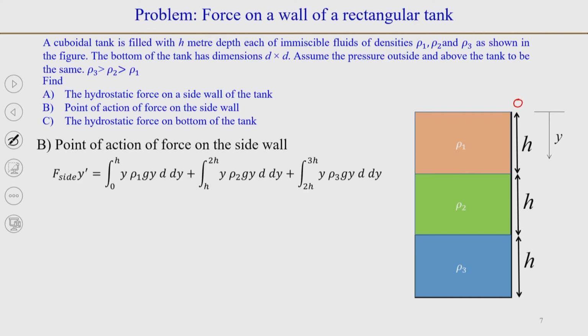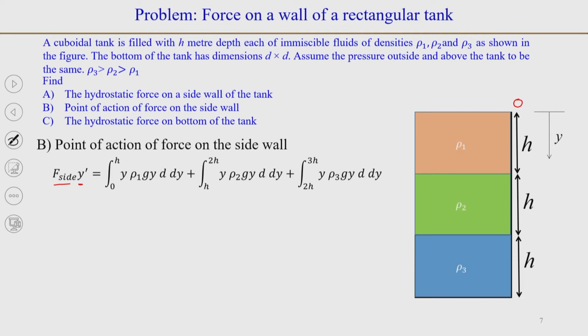So, we can write the moment equation for the resultant force F side into y dash. Here y dash is the depth below the liquid level at which the force will act. Of course, in the direction normal to the screen this will be symmetric, so it will be at the middle of the surface.